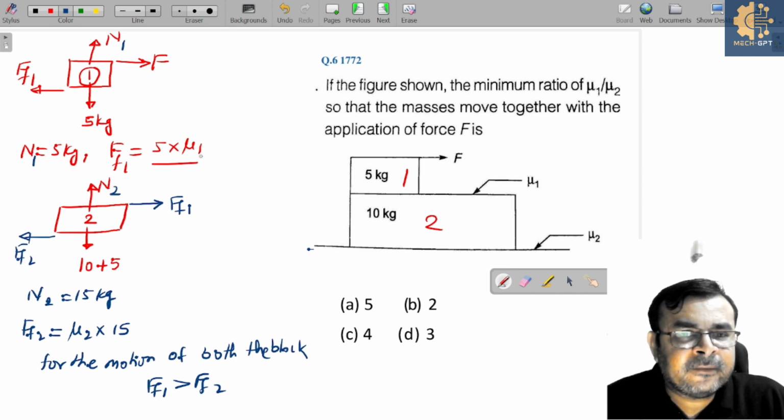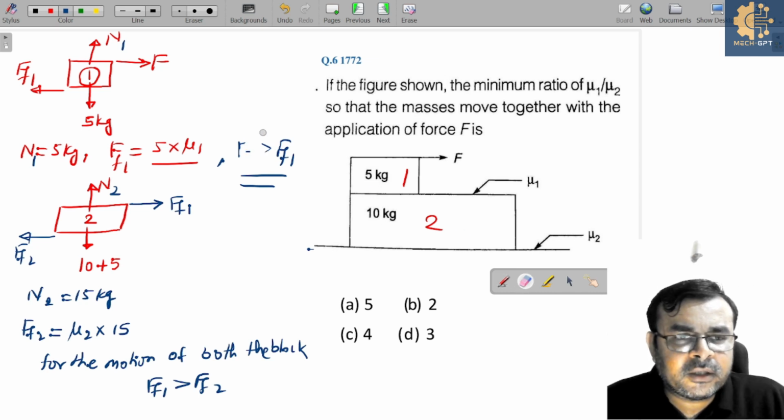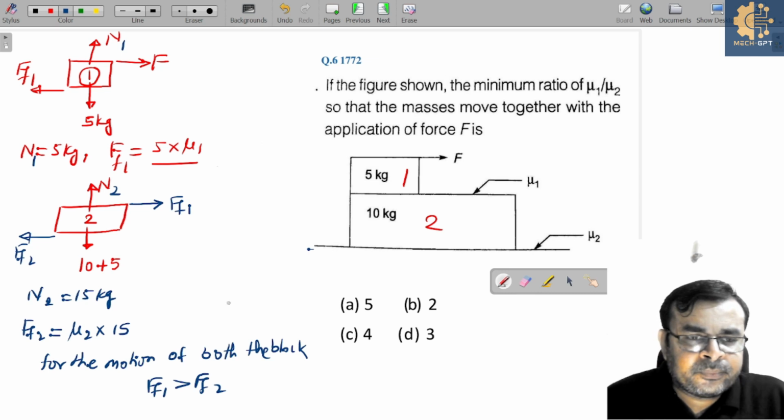And similarly, if this F force is greater than FF1, then obviously block 1 can move relative to block 2, yes or no? But we don't want this kind of motion, yes or no? So I am only interested in block 2.